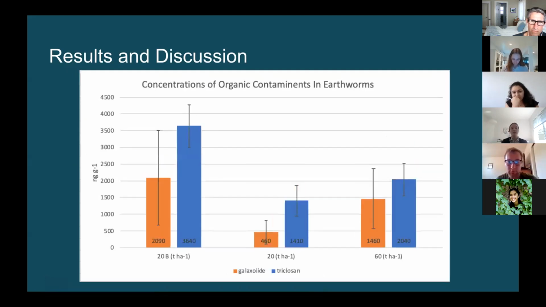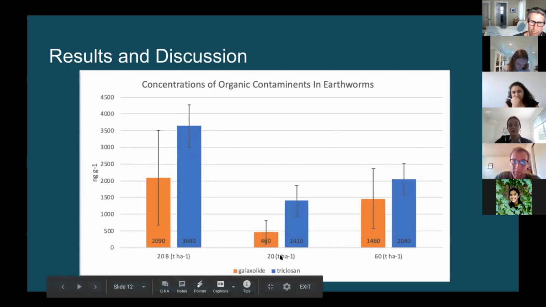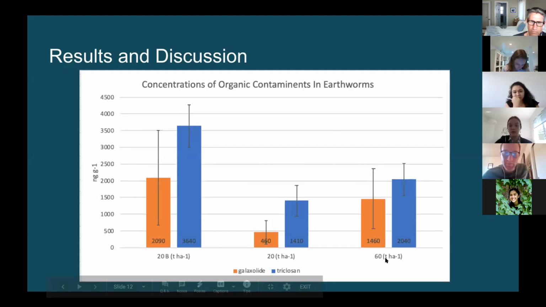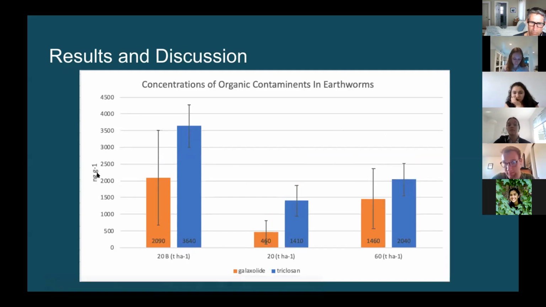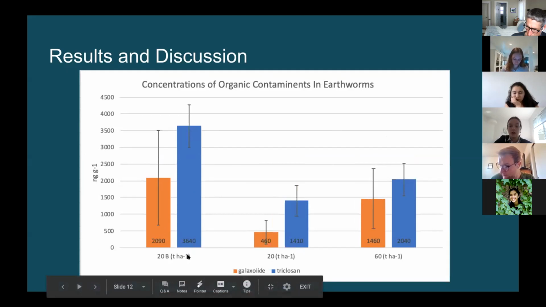And then here we have the concentrations of organic contaminants in the earthworms. So again, we have the different amounts of sludge mixed into the soil in tons per hectare, and the orange is galoxolide and blue is triclosan. And so these are the amounts in nanograms of contaminants per gram of earthworm.